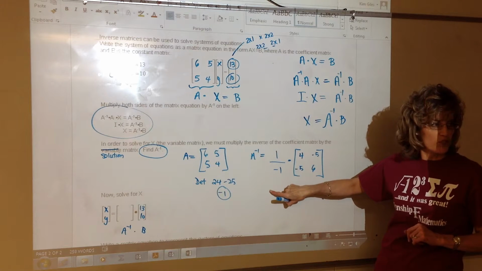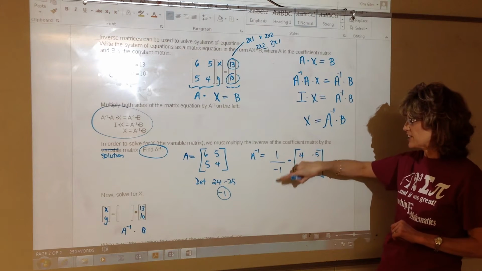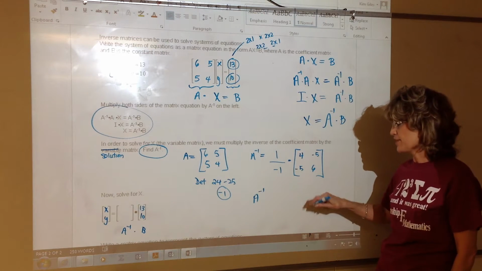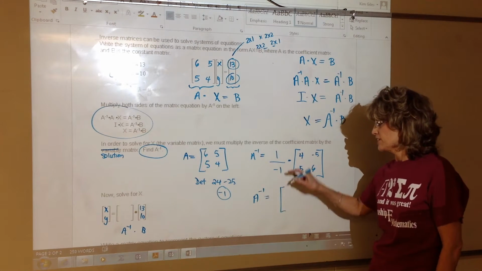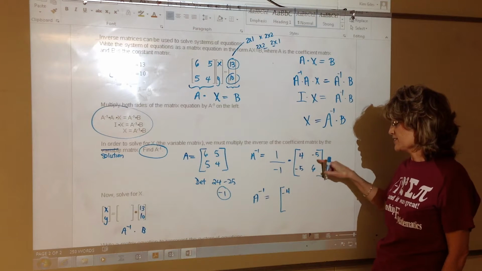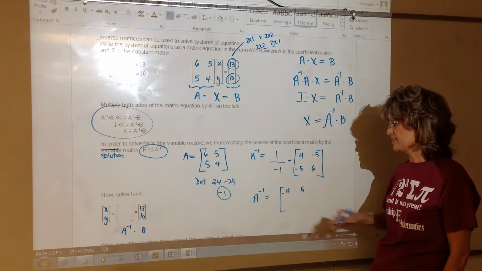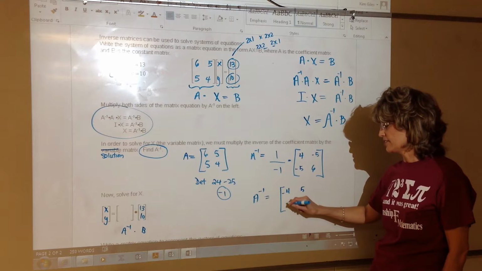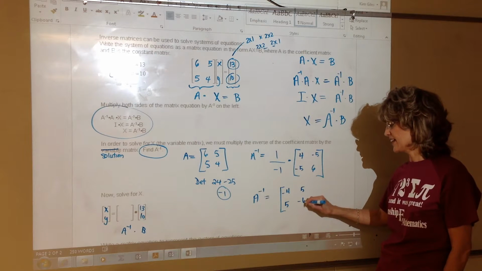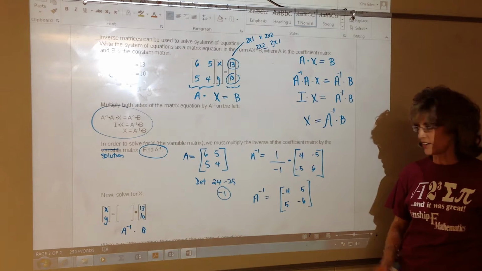So distribute negative 1 to every entry in the modified matrix. Negative 1 times 4, negative 4. Negative 1 times negative 5, positive 5. Negative 1 times negative 5, positive 5. Negative 1 times 6, negative 6. So there's our inverse.